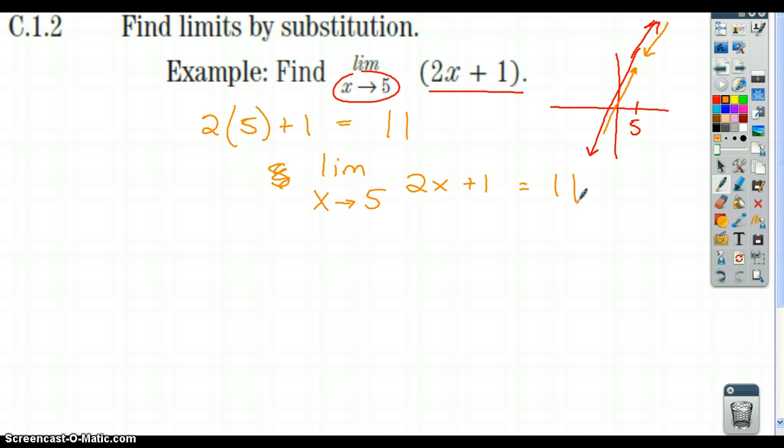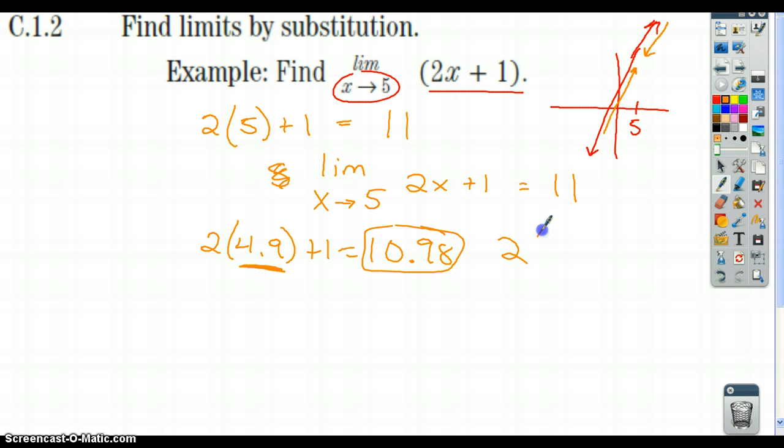And sure enough, if we go to a graph and look at that and plot a table, if we put in 4.9, we should get 9.8 plus 1, which is 10.8. So that is when x is 4.9.